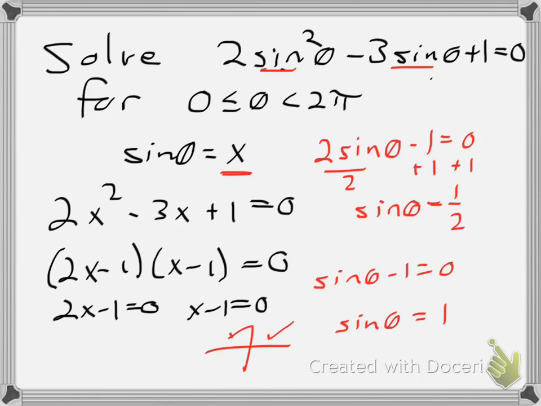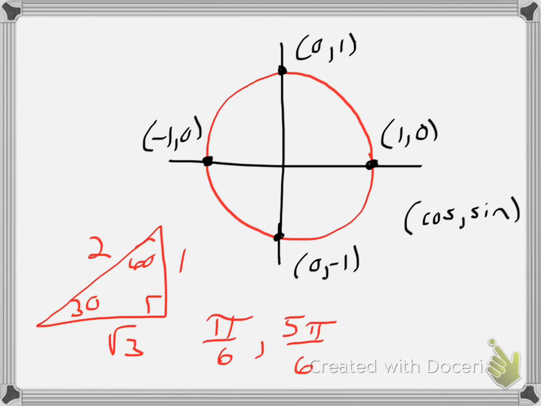Now my other solution, sine is equal to 1. Neither of my two triangles give me that. So what I'm going to do is refer to my unit circle. And recall that for ordered pairs, when we reference the unit circle, x values are represented by cosine, y values are represented by, or associated with, sine.